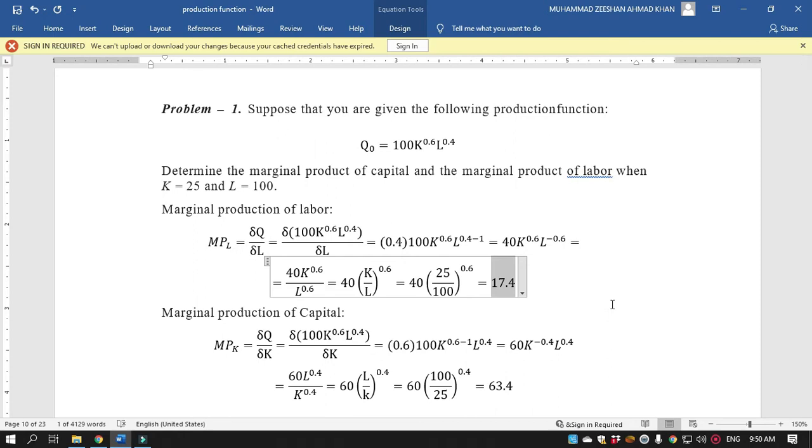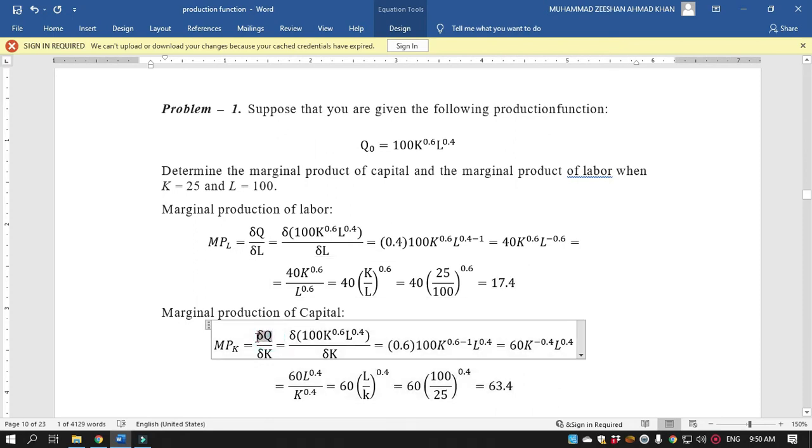It means that at this stage where you have 25 capital and 100 labor, by adding one additional unit of labor, you will have additional output of 17.4.